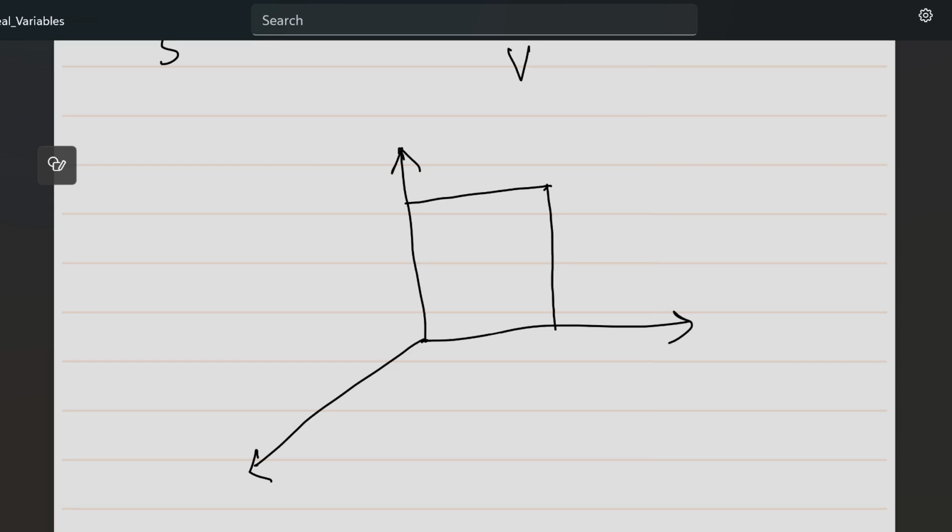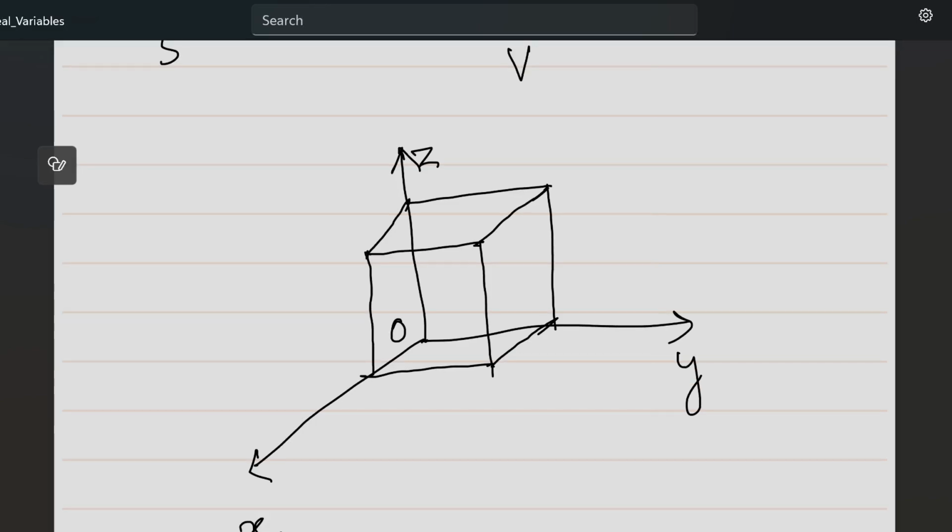Suppose this is a square; just assume it, because my drawing is not that good. Just assume it is a cube. It does not look like a cube, but it is a cube.